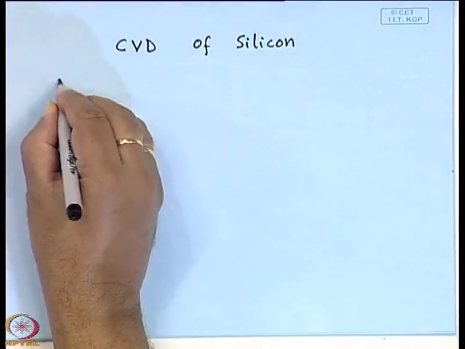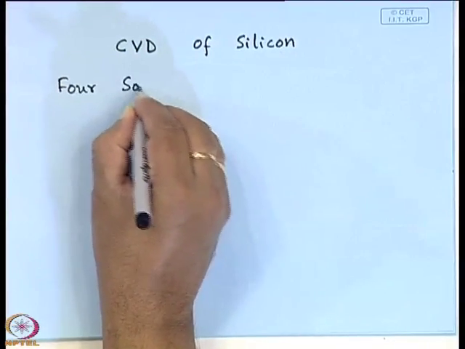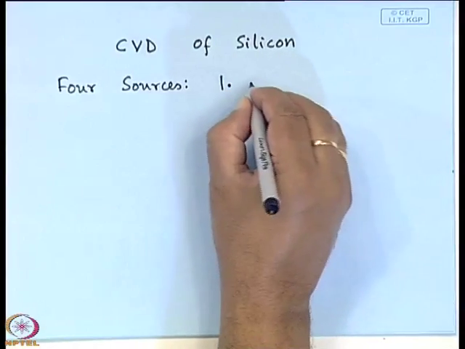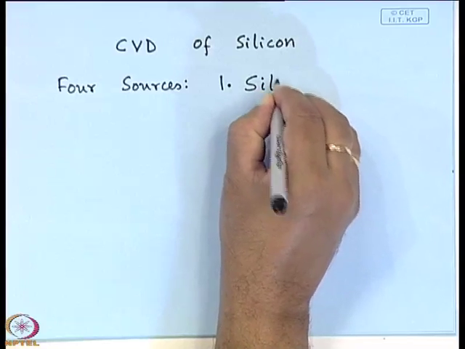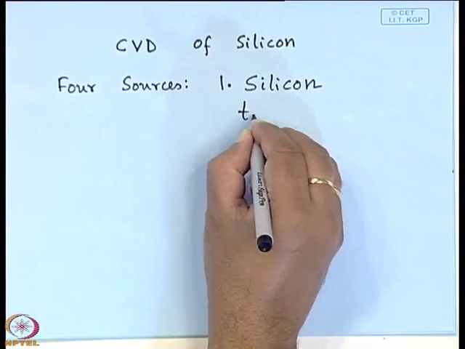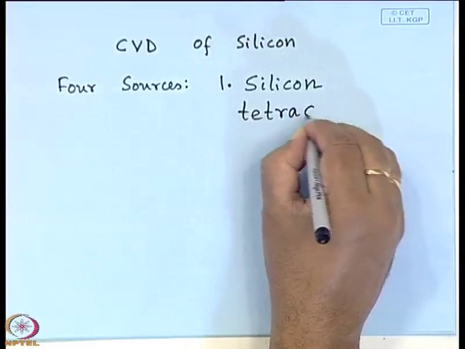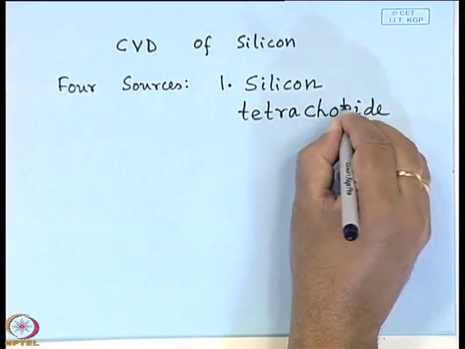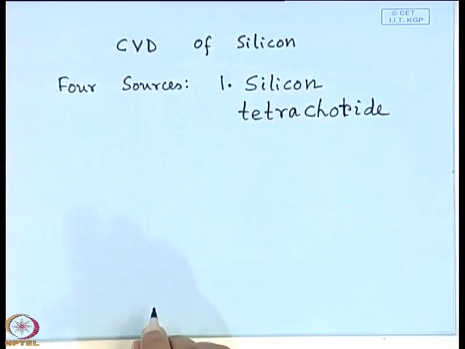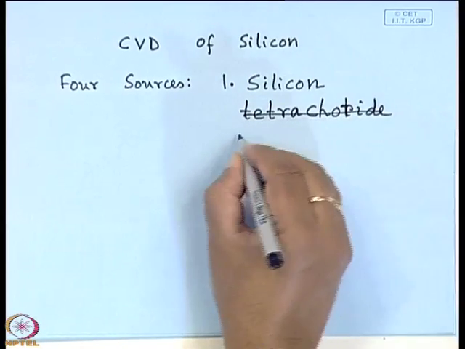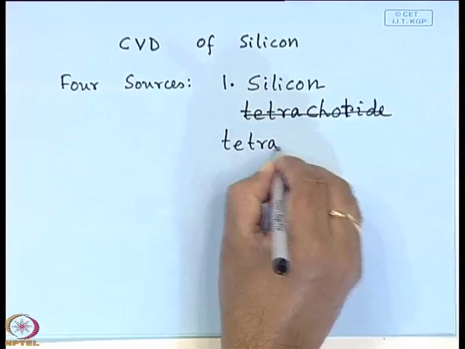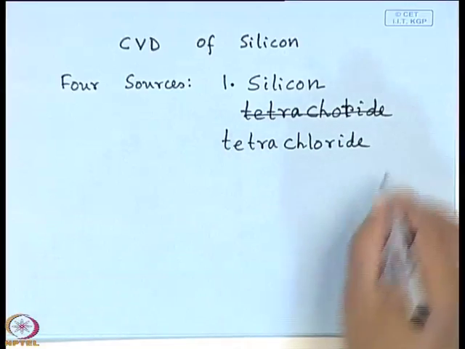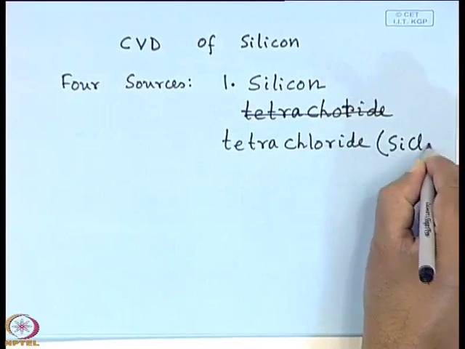you see that there are 4 sources. One is silicon tetrachloride, SiCl4.